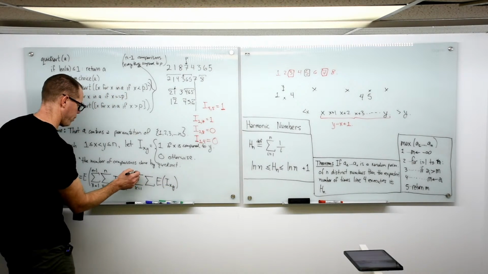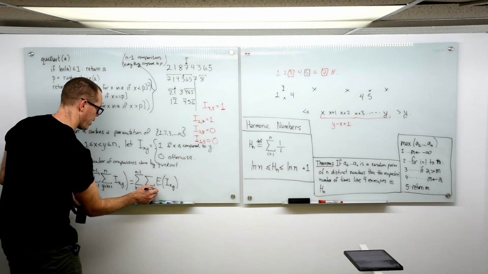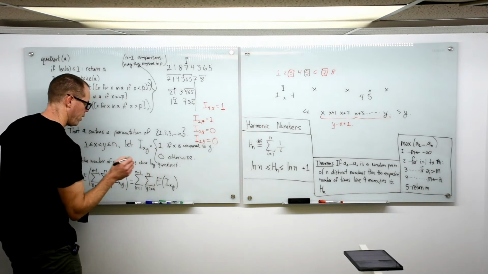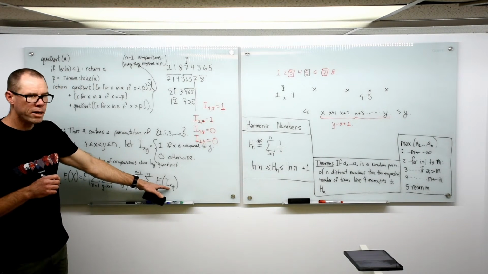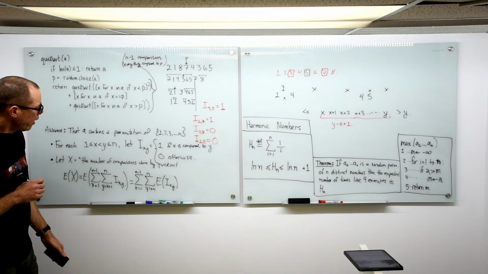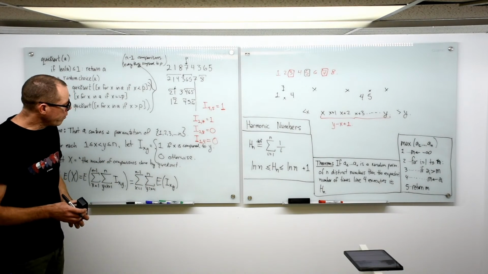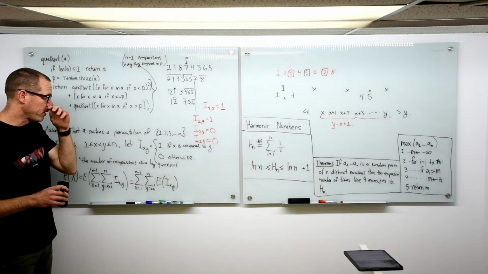X is still running from 1 to n minus 1. Y is still running from x plus 1 to n. So now we just need the expected value of I x y. And remember, indicator random variables have a very simple formula for their expected value.